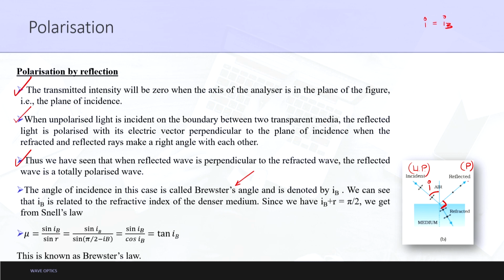If I write this point as A, this point as O, and this point as B, then when angle AOB is equal to 90 degrees, angle I is equal to IB. What is IB? IB is called Brewster's angle.